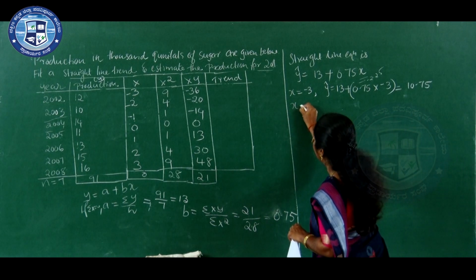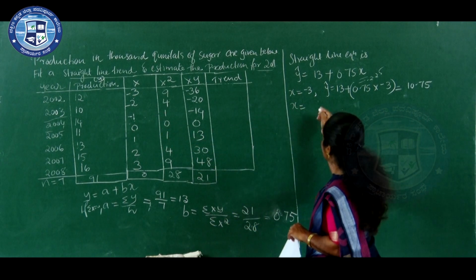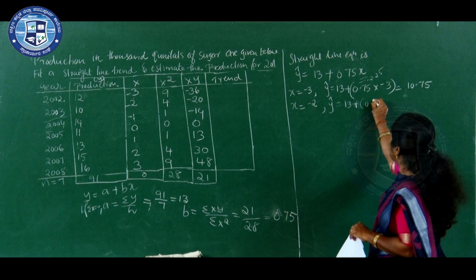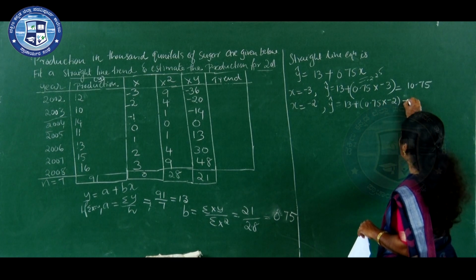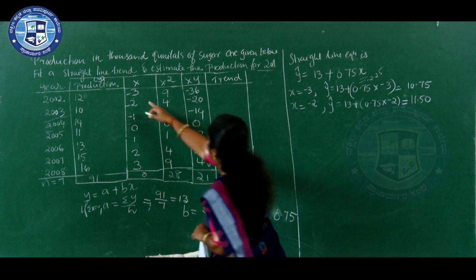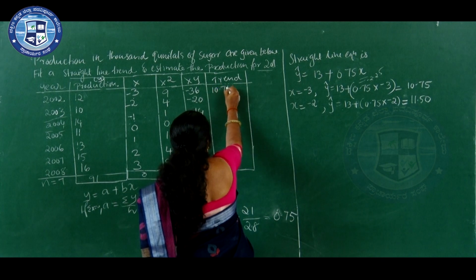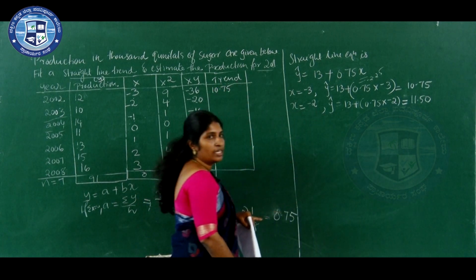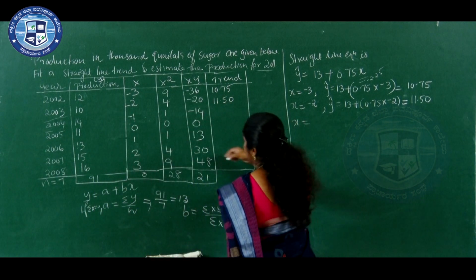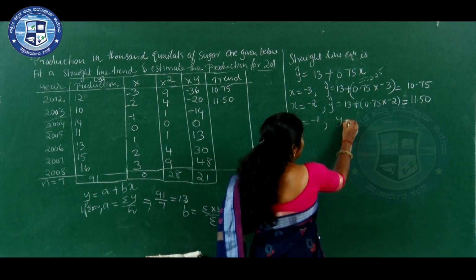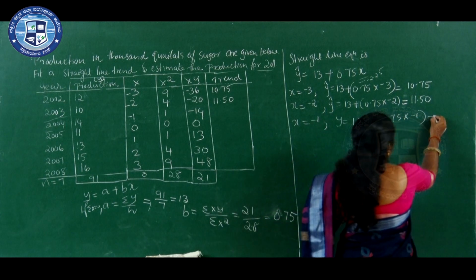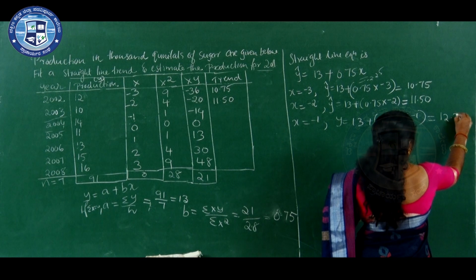The next time point is x equal to minus 2. Then y is 13 plus 0.75 into minus 2, that is 11.50. So for x equal to minus 3, it is 10.75, and for x equal to minus 2, it is 11.50. Next is x equal to minus 1: y is 13 plus 0.75 into minus 1, that is 12.25.